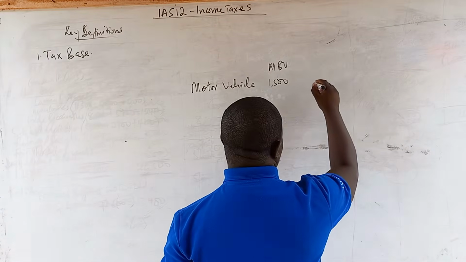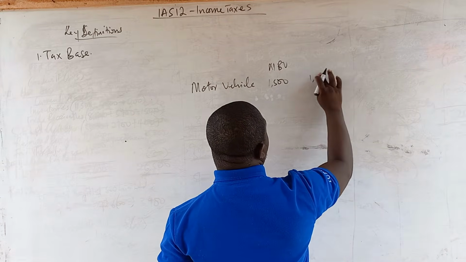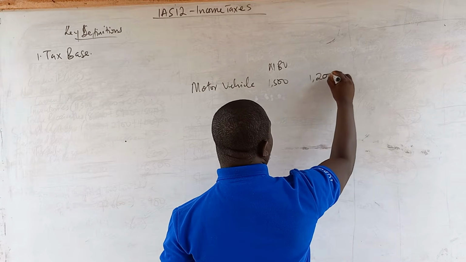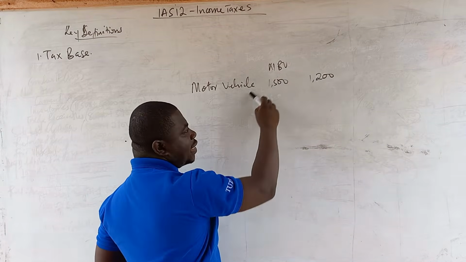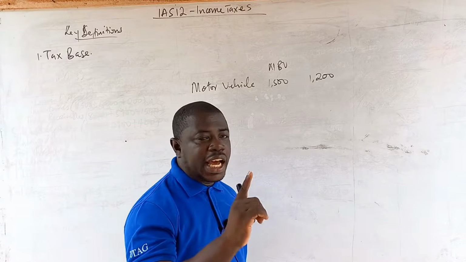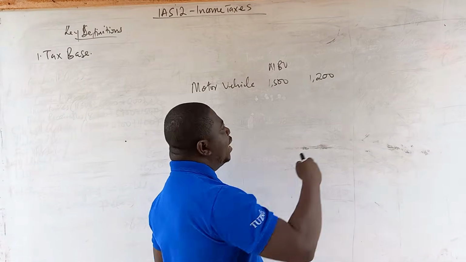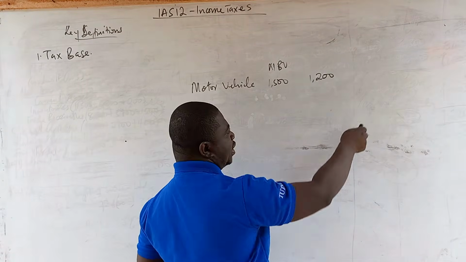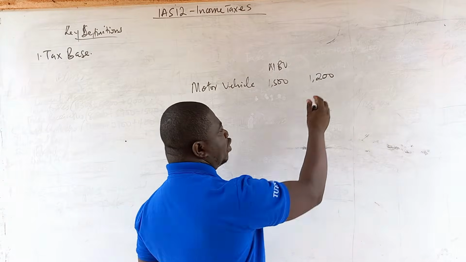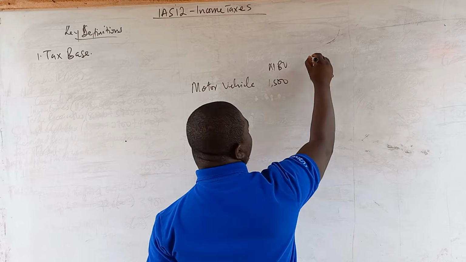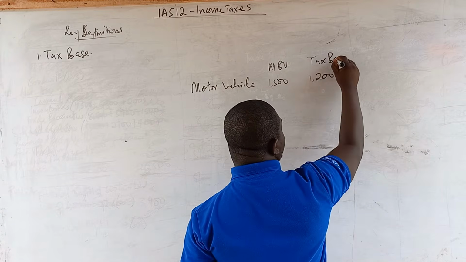So they can decide that 1,000 Ghana cedis or 1,200 is the value of the asset. Whilst we are saying the value of our asset is 1,500, the tax authority says that for tax purposes, they are assigning 1,200 to the asset. And this 1,200 they have assigned to the asset is called a tax base.